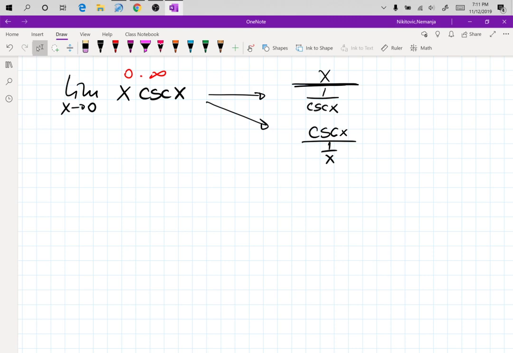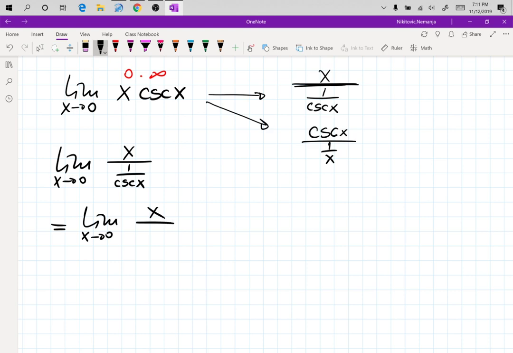Again, experience, right? So I'm going to do limit x goes to 0 of x divided by 1 over cosecant x. Now, what's 1 over cosecant x? Sine x. Very good. So this is now equal to the limit x goes to 0 of x over sine x.